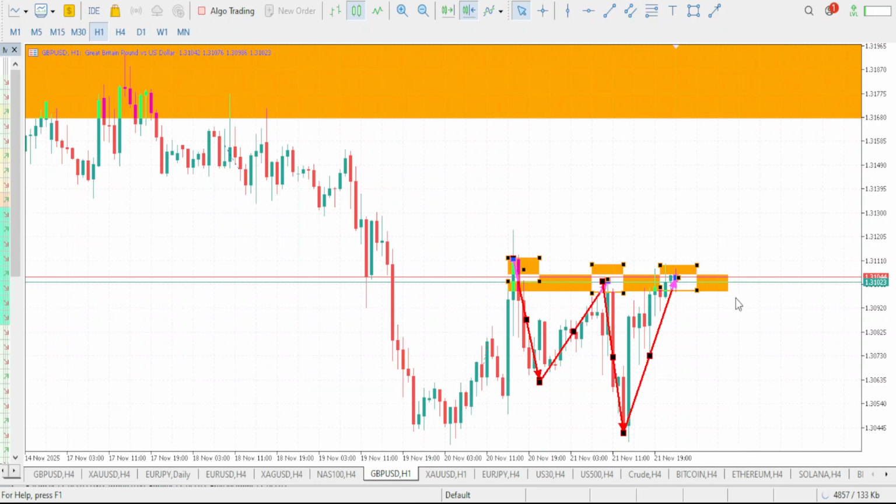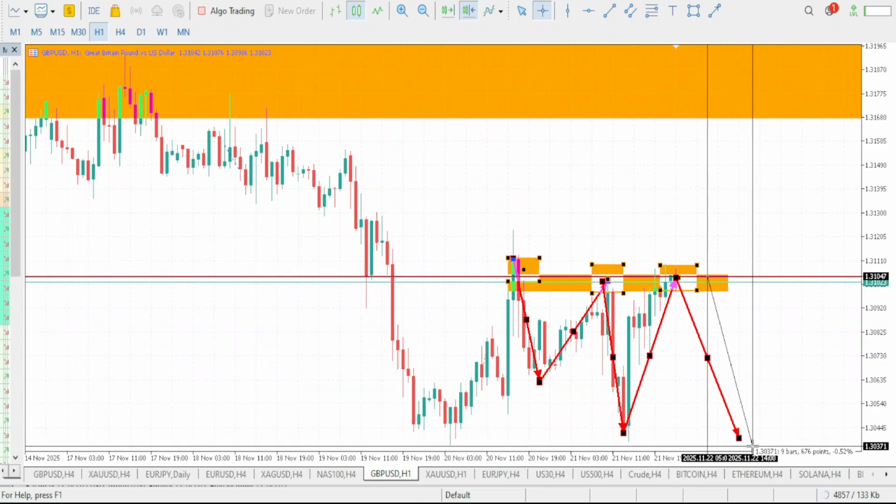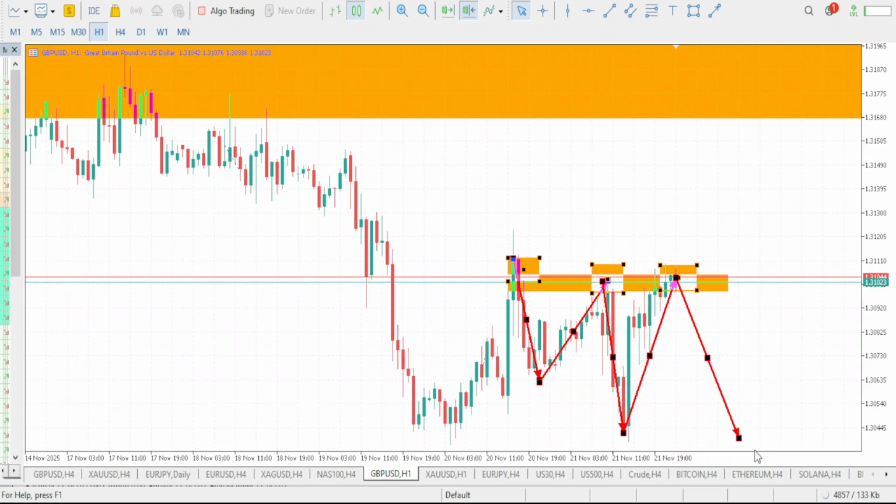You will be expecting a reaction, or the market will eventually sell again. So we are expecting one more sell. That sell should give us about 70 pips or more. Like I said before, if in case the market breaks out and pushes up, expect that sell, which I do not think it will break out and push up. I believe the sell should start playing out from this current level.